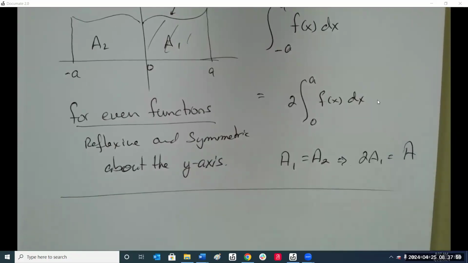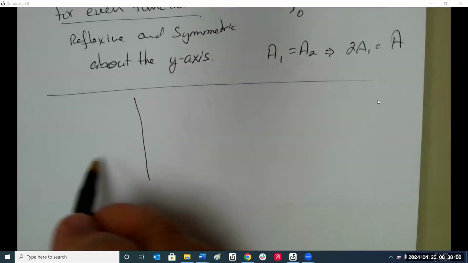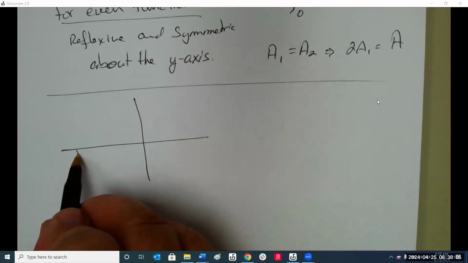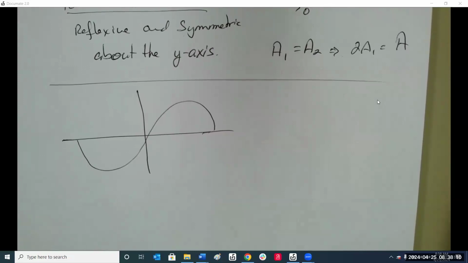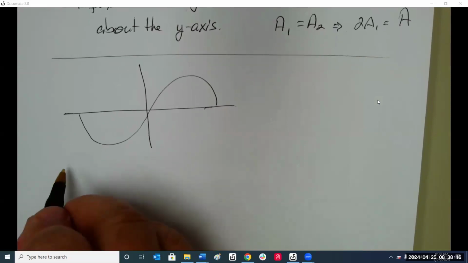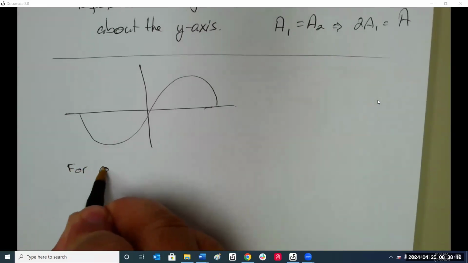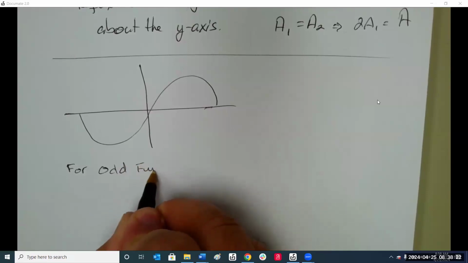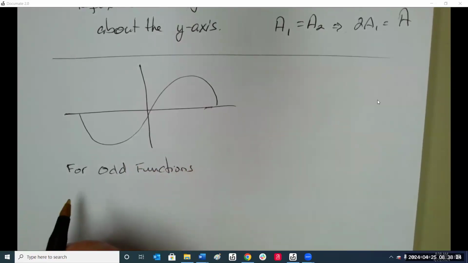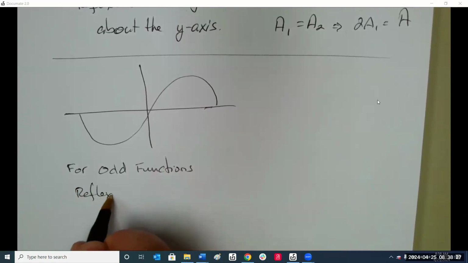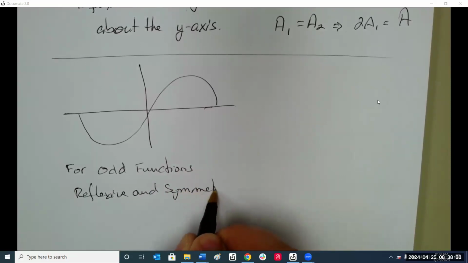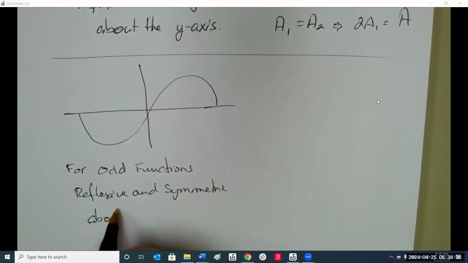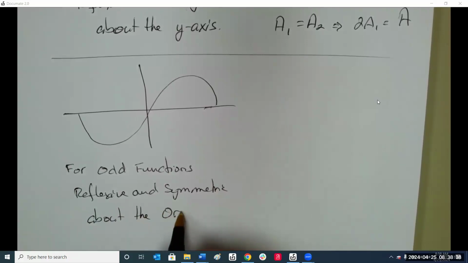All right. Now, if we have a function that's odd, remember, it's got to be symmetric about the origin.